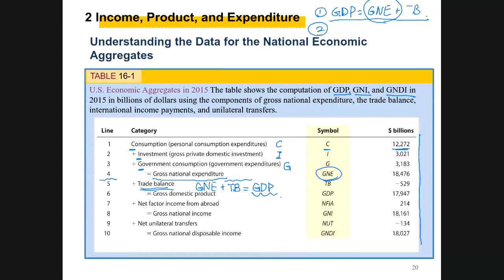So if I give you every single small category, for example, I give you C, I, G, and TB, NFIA and NUT, now you're supposed to calculate the GNDI. So this is just the operation, just the add up and the minus, just the accounting. We got accounting majors here.